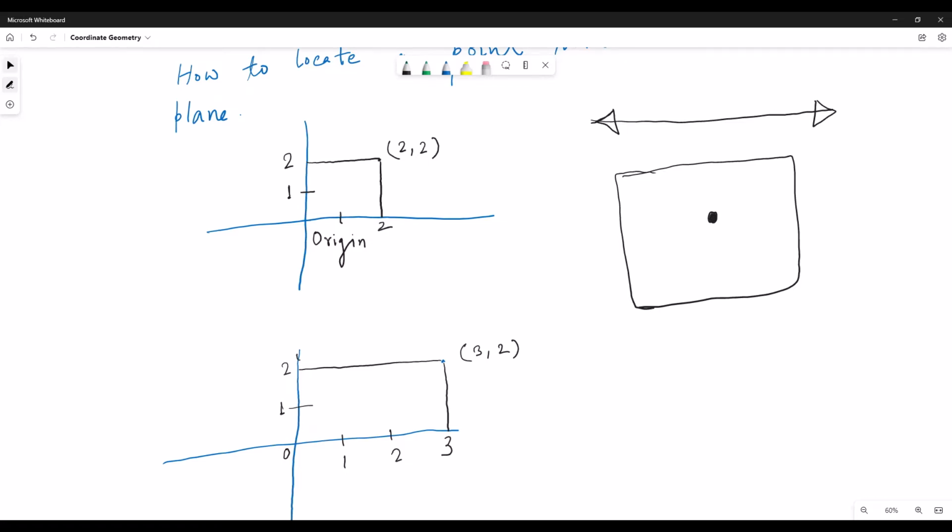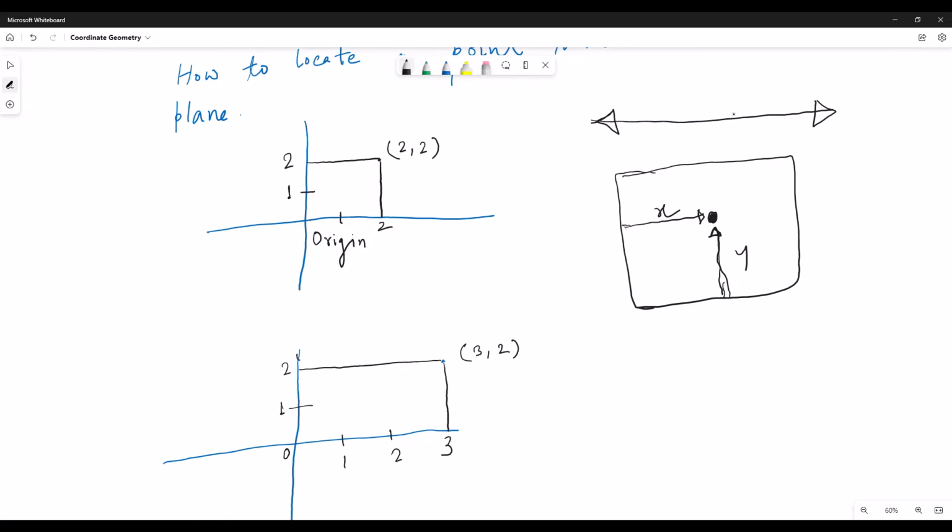You will say, okay, so this point is x unit away from its left edge and y unit above the bottom line. So if we have two pieces of information, how far this point is from this line and how far it is from the bottom line, we can uniquely identify this point.